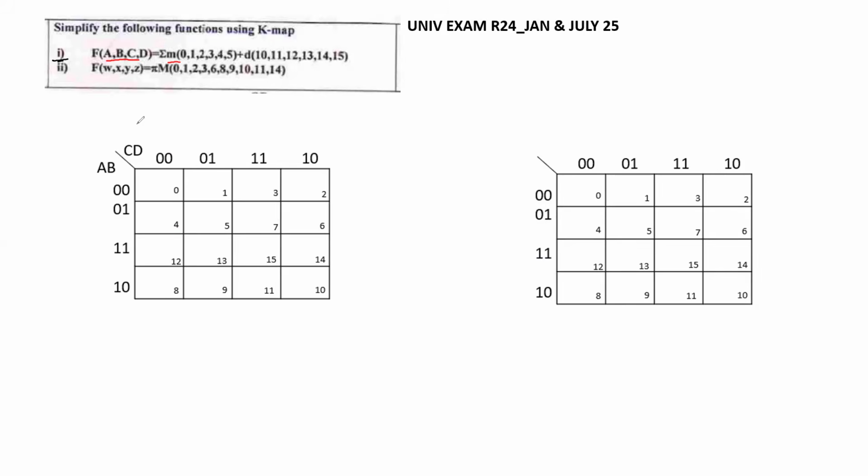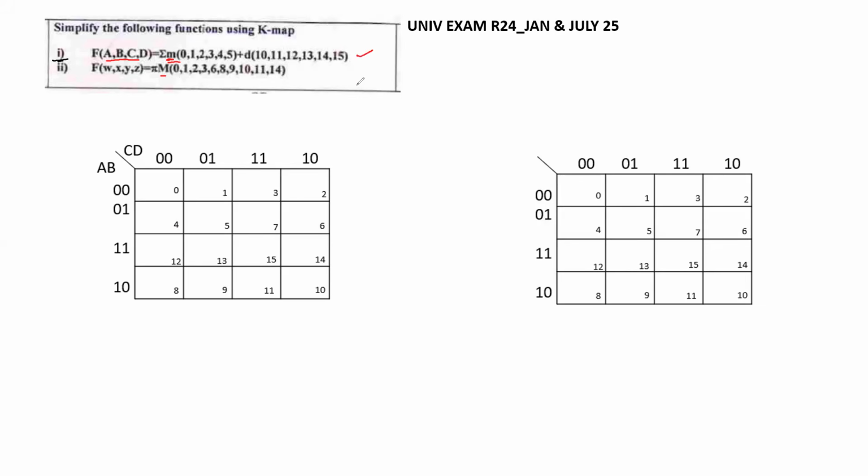Here, the small m represents sum of products, and the capital M, pi, represents the max terms. Max term means product of sums. You know that a max term is the complement of the min terms; that concept we can also use.